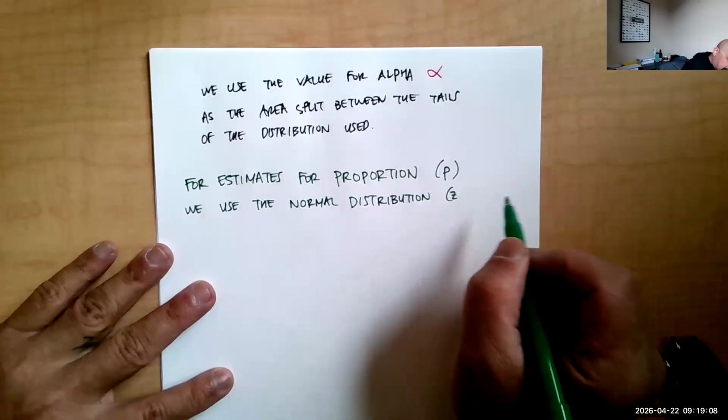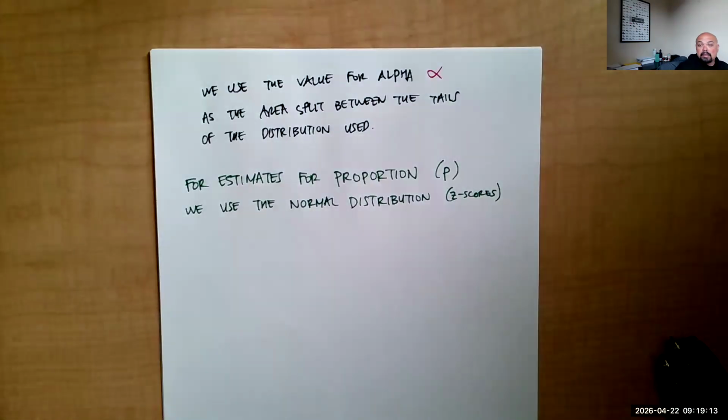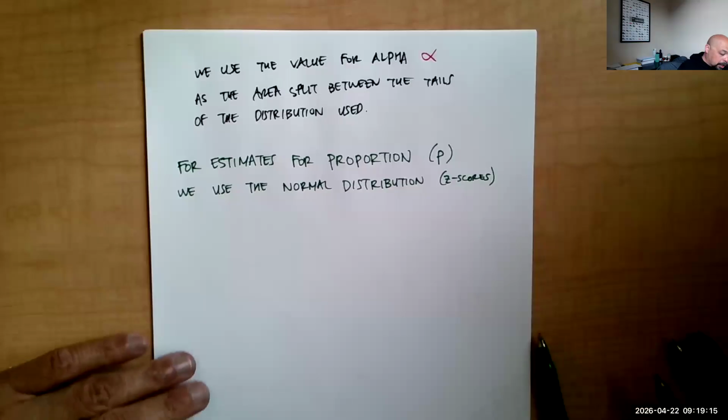Those z-scores, those z values that we saw similarly in chapter 7, okay?